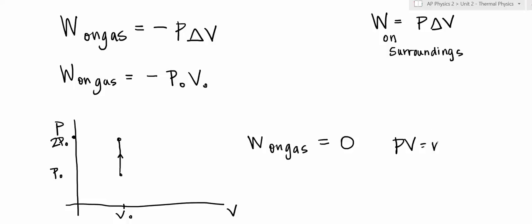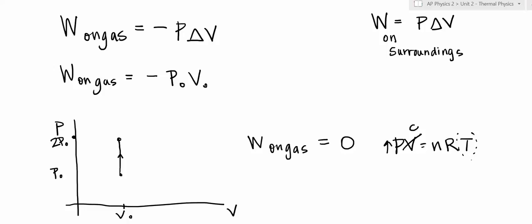PV equals nRT, right? So we're going to increase the pressure, keep the volume constant. So what do we have to do to the temperature of our sample? Increase the temperature, which means that what has to increase? What's temperature related to?